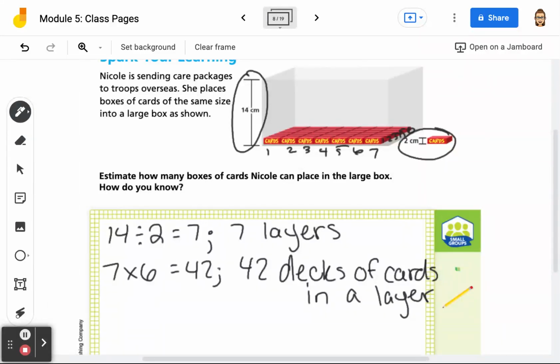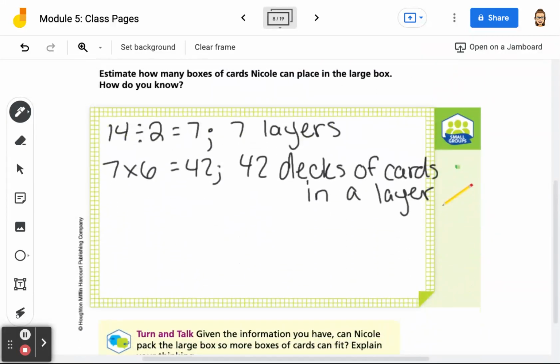So then we would do 42 times 7 to see how many total cards there would be if there are 42 decks in each layer. So 42 times 7. 7 times 2 is 14. 7 times 4 is 28, plus 1 is 29.